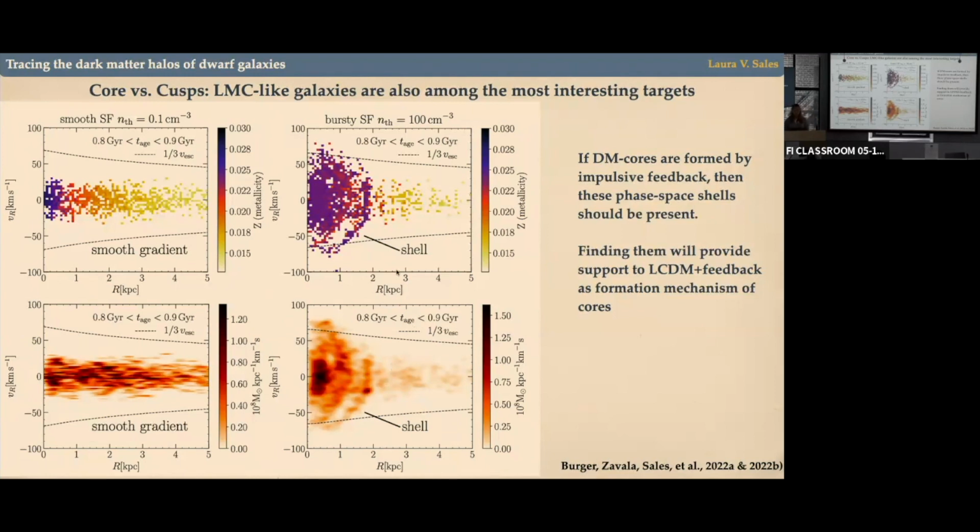So the dwarf spheroidals in the Milky Way are not the best. But the idea would be to get a sample in which you can resolve this information, even if projected, for individual stars in star-forming dwarfs. And if those cores were formed because of this variation in star formation, we should find the signatures in the energy space of those stars.